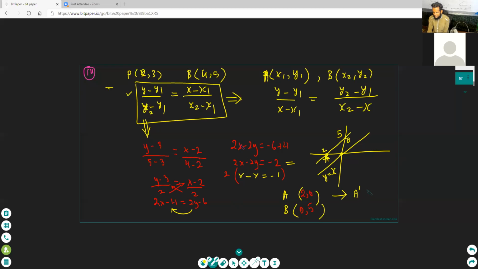A prime will be. Can you write the points after reflection about y is equal to x? It will be 0, 2, and 5, 0. This is -2. This is -2. We are making mistake. Okay. -2, -2. But I think we've taken it just yesterday, okay.